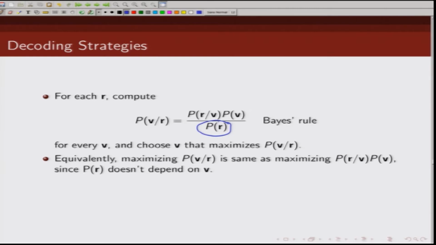So, if we want to minimize the probability of error, we want to maximize this quantity.